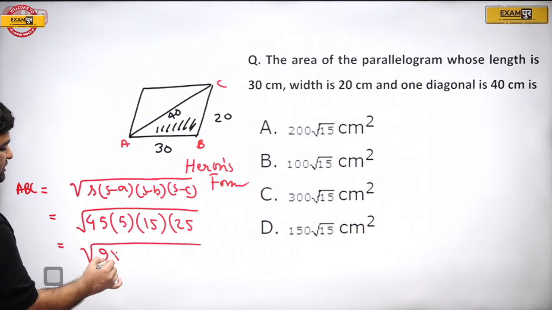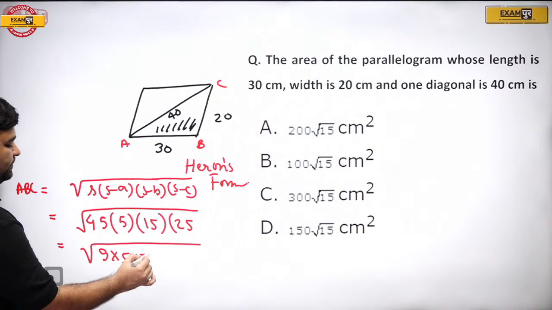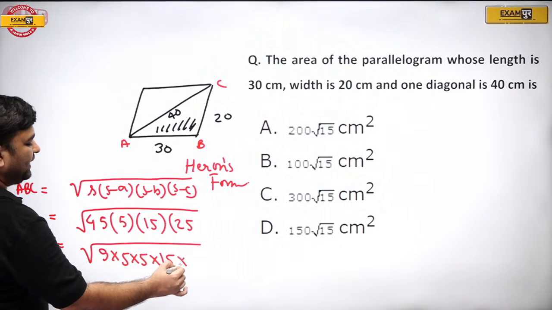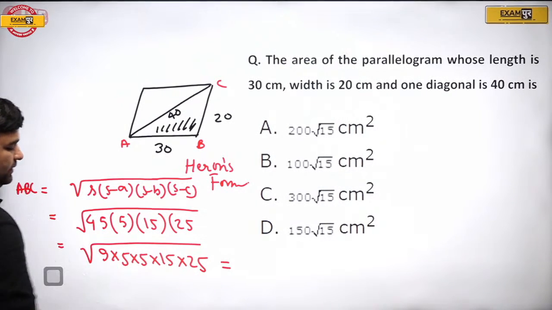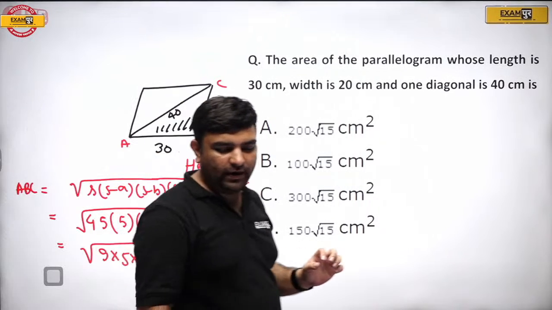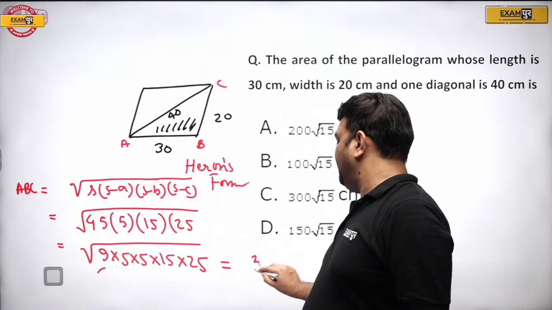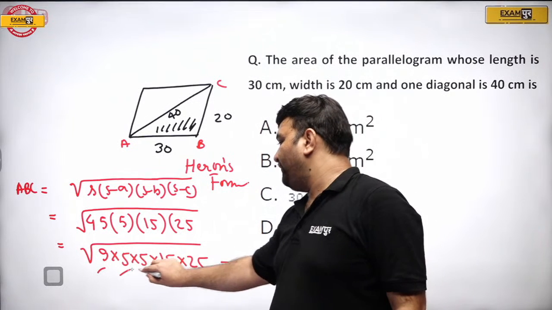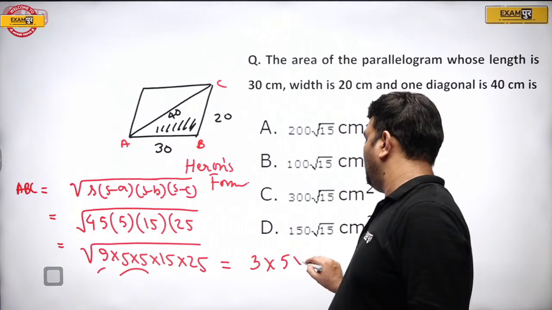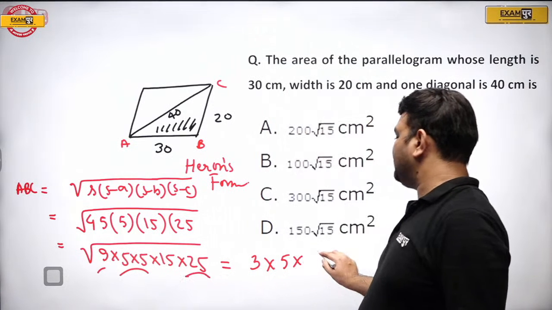Right, 45 is 9 cross 5. I can see a lot of perfect squares. 9 comes outside as 3. 25 comes outside as 5.